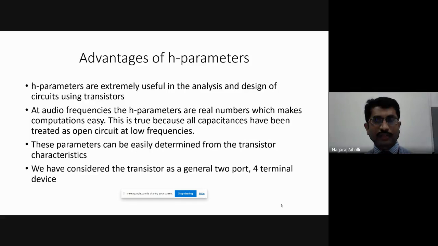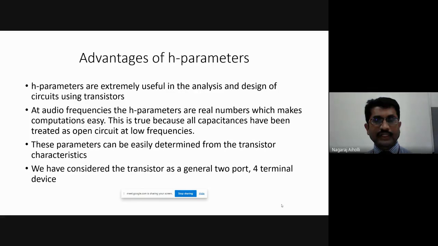Therefore the reactive part, the j part in R plus jXL or R minus jXC, is not present. It is 0 because of the high reactance, open circuit. Therefore they are real numbers, which helps in the easy analysis of H parameters. That is the second advantage at audio frequencies.